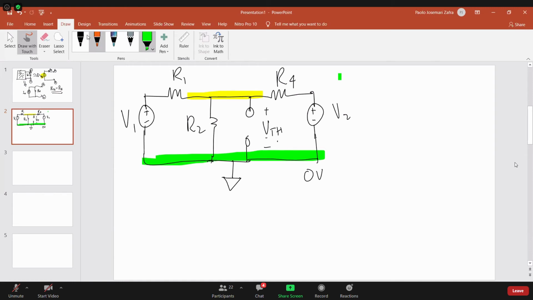In LTspice, when you attach the probe anywhere in the circuit, the voltage measured is with respect to your ground. So the voltage you measure directly is already VTH. Okay, sir.